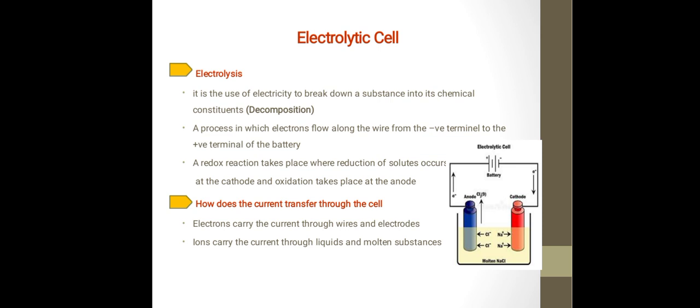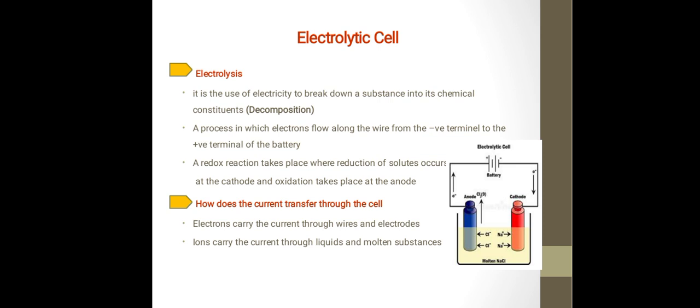In the electrolytic cell, electrolysis takes place. So, how do we define electrolysis? It is the process in which we use electricity to break down a substance into its chemical constituents, where decomposition takes place.